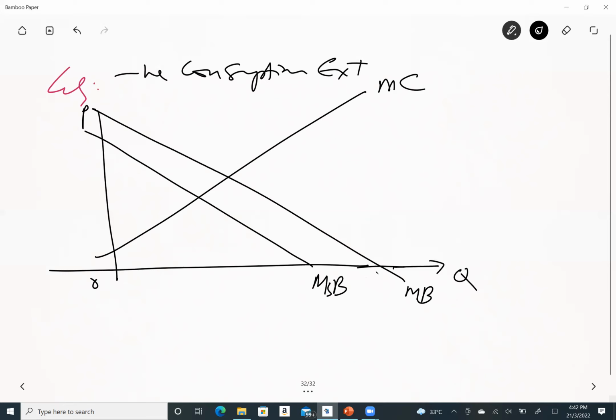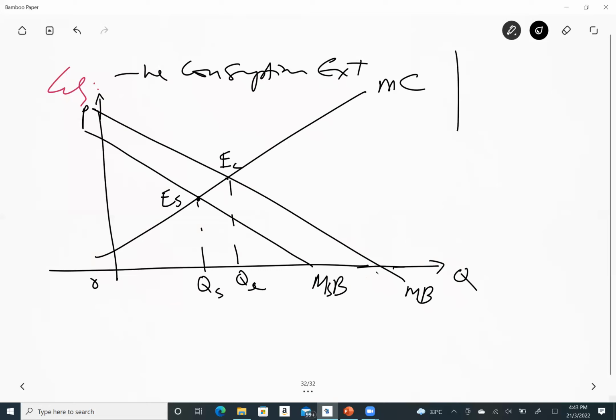That's Q. So we know this is the competitive equilibrium, and that is the social equilibrium. We know the output level: that is QS. The thing is, the bargaining will lead to the social equilibrium.